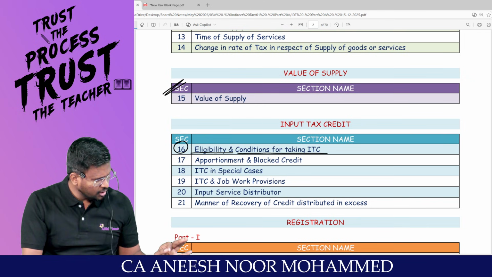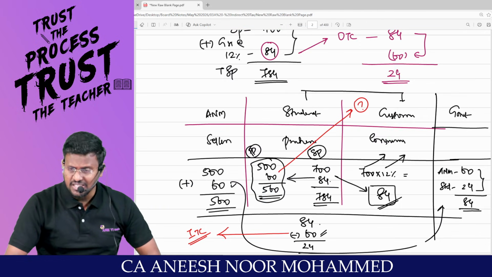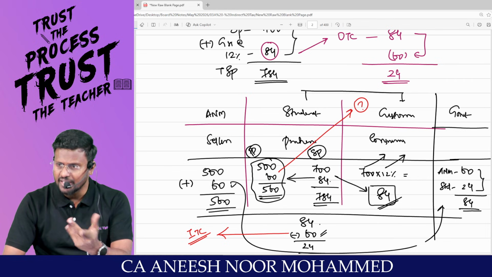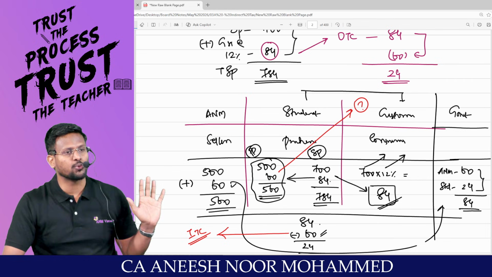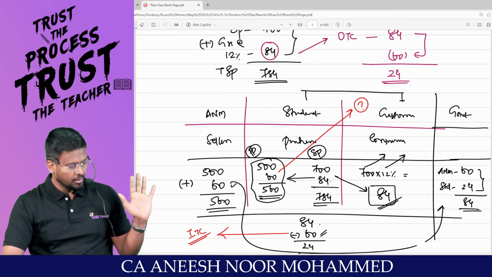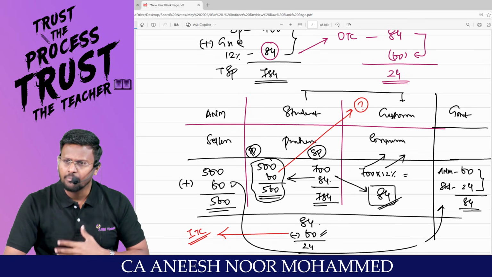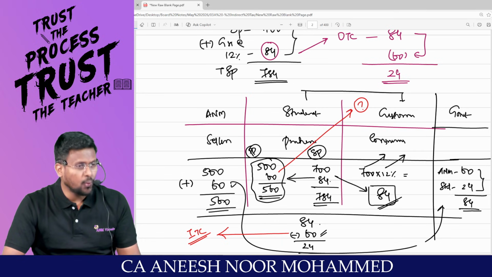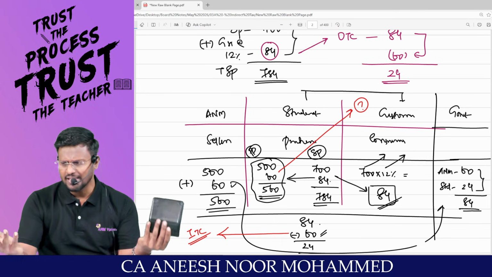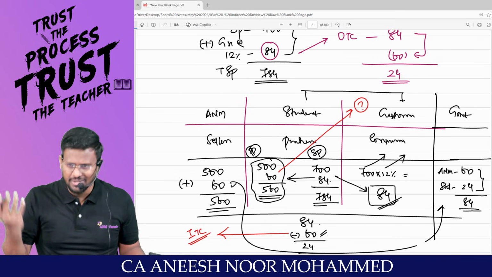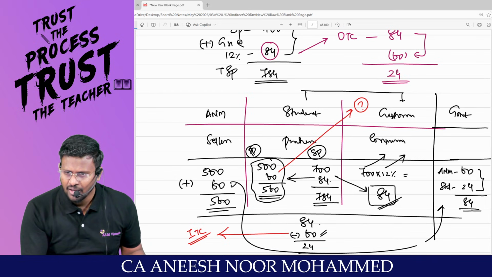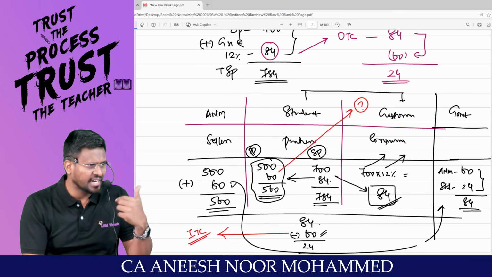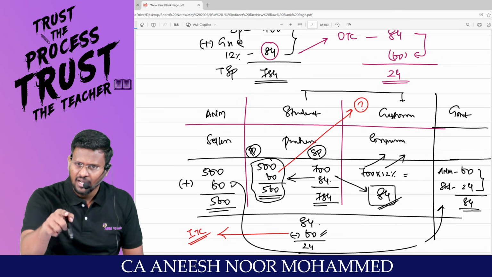If you want to claim this 60 rupees as ITC, what are the conditions you are supposed to satisfy? For example, I am the seller, ANM. You are the purchaser. What did I sell? A calculator. Assume there is no invoice at all. If there is no invoice, there is no evidence that I have sold goods to you. You have purchased without evidence.